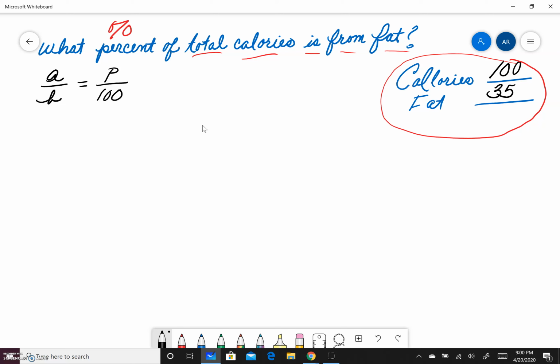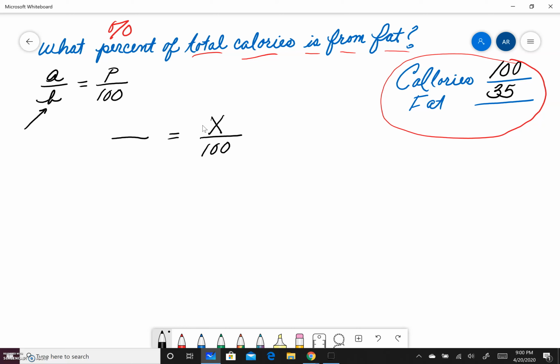So let's go ahead and start filling that equation in. So I'm going to set it up. We know 100 goes down here. It's asking for what percent, so that's my unknown. So I have to enter an X there. Now I'm going to go over, and the first thing for the B, remember anything that follows the word of, or it won't work that way in this problem, but this is another way to think of it.